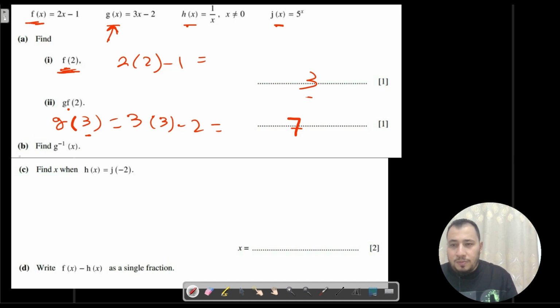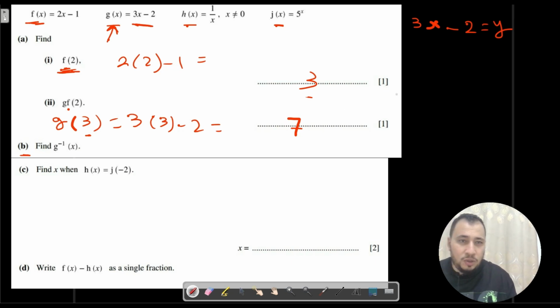B. g inverse of x. To get the inverse function, as we said before, we can just make the flow diagram backwards, or you can change the subject. In this question, you are free to choose whatever you want. Let's do changing the subject. So I'm going to write here 3x minus 2 equals y, and our purpose here is to get x alone.